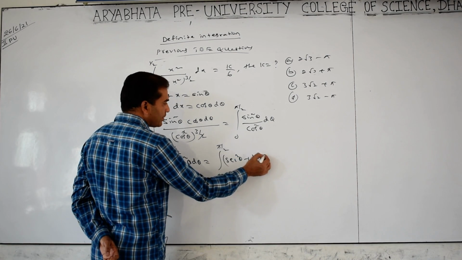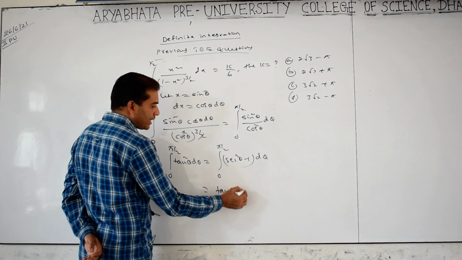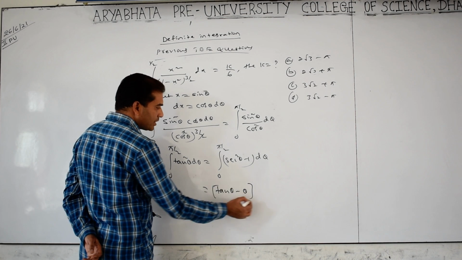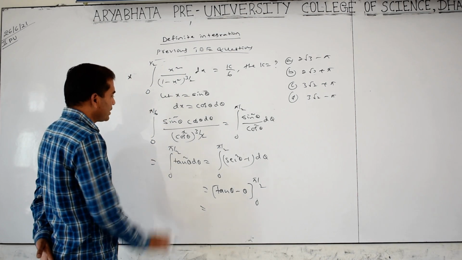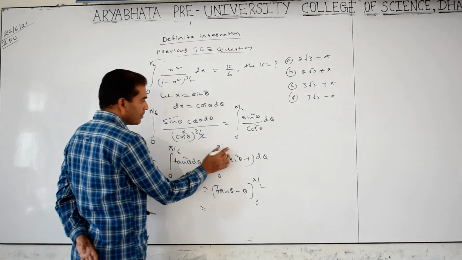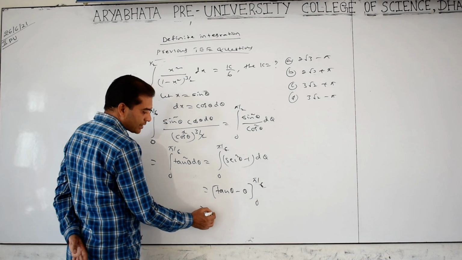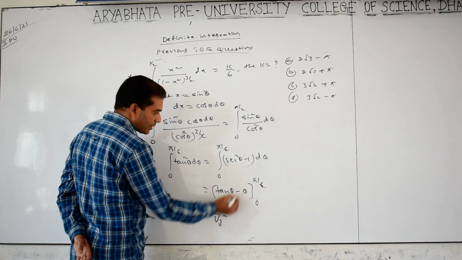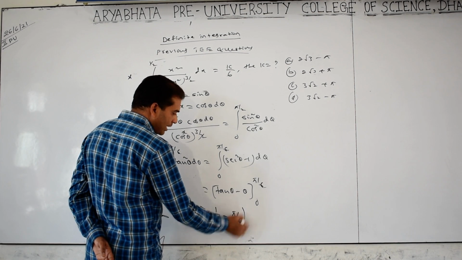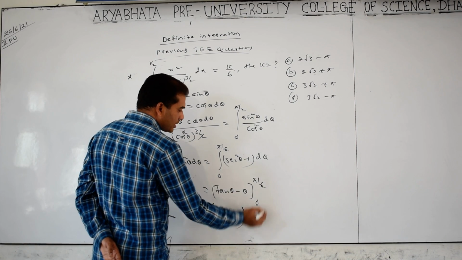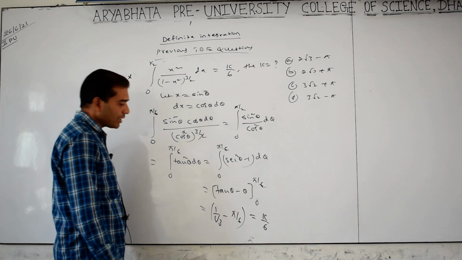The integration of secant square theta is tan theta, the integration of 1 is theta, limits 0 to pi by 6. Tan of pi by 6, tan 30 degrees, is 1 by root 3, minus theta, which is pi by 6. The lower limit 0 gives 0, which is equal to the given k by 6.